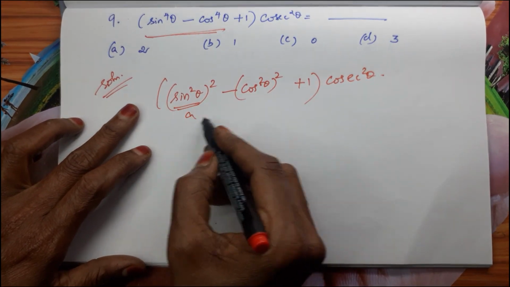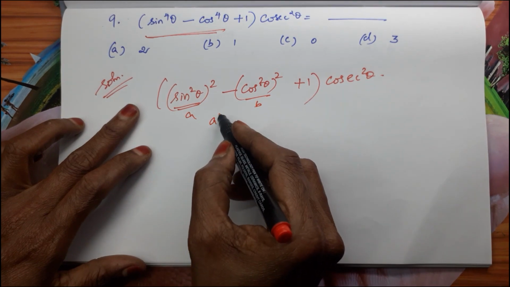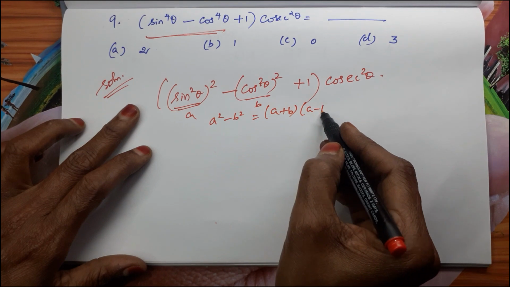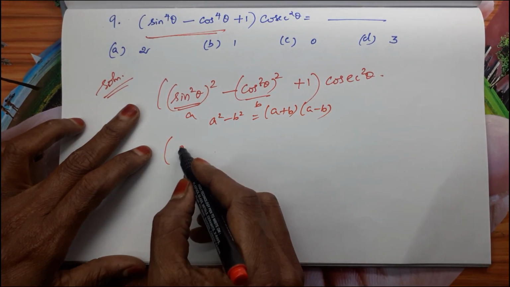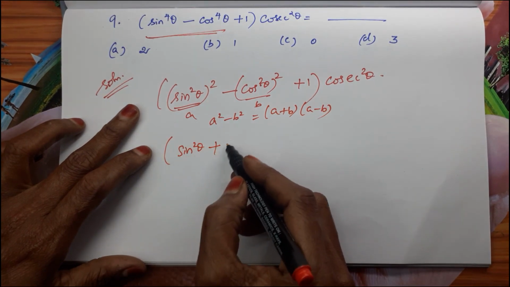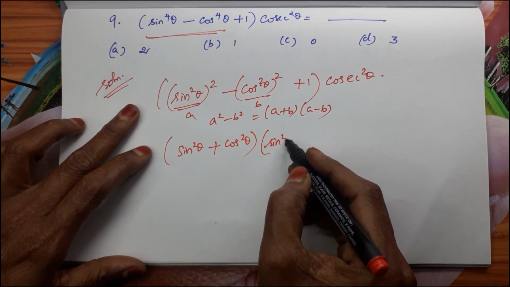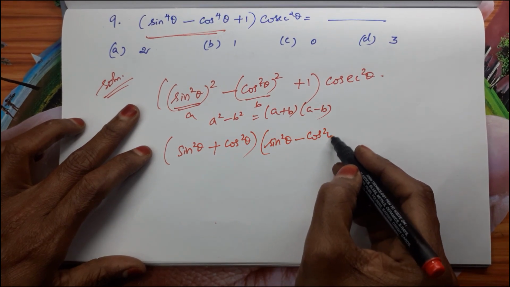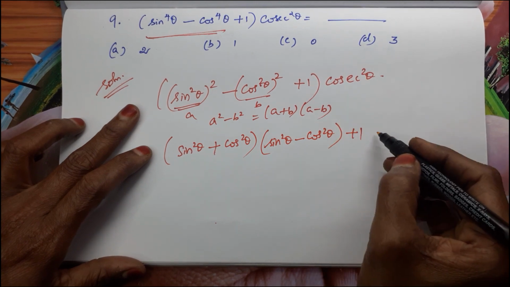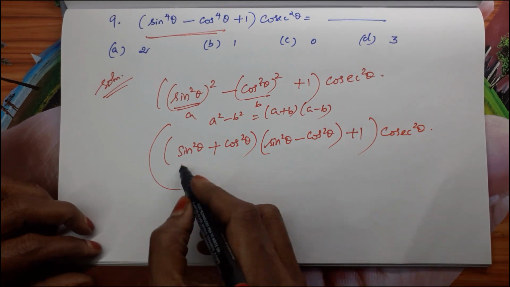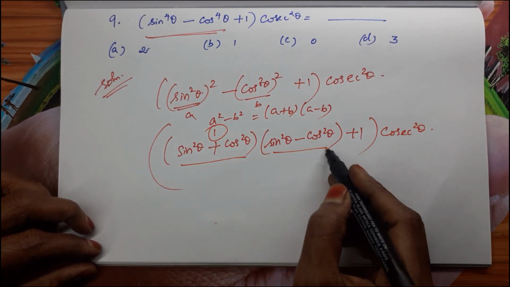This is A and this is B. So A squared minus B squared is equal to (A plus B)(A minus B). So A plus B means sine square theta plus cos square theta, into sine square theta minus cos square theta, plus 1 into cosecant square theta. This is 1. This plus 1.